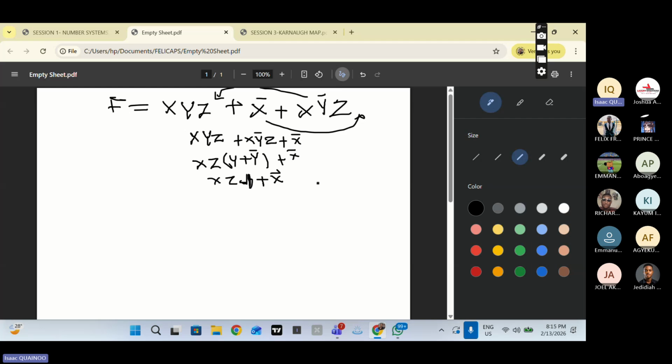And we stated also that if we have a and 1, it is going to give us a, right? So that means xz times 1 is still going to give us xz, right? Plus our x bar right there. So what can we do to this? We can apply our absorption rule, right?